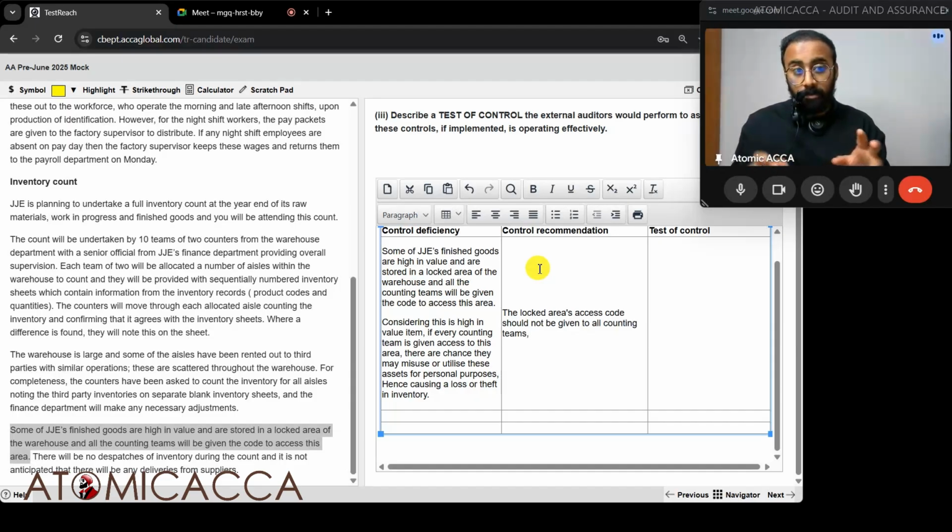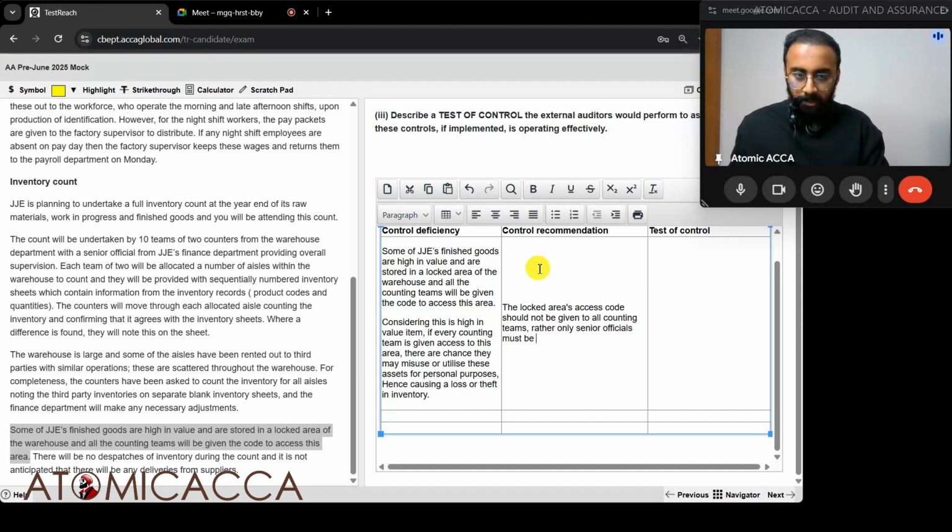Now that is a flip point. Now how can we add value? Just push it somehow. Rather, only senior officials must be involved in counting these high value items and having an access to these areas.